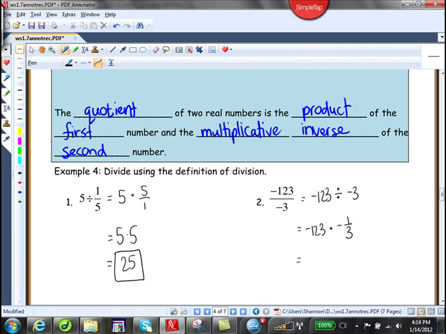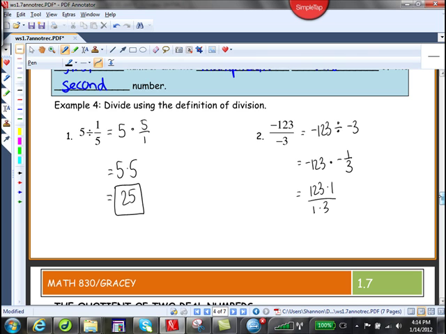So here we will get 123 times 1 over 3, which is going to be 3 goes into 123 41 times. So we will get 41. Now, a lot of you might have simplified this by dividing out a 3 from the numerator and denominator, and you can certainly do that. The directions specified to use the definition of division, which is why I showed you the way I did. Okay?